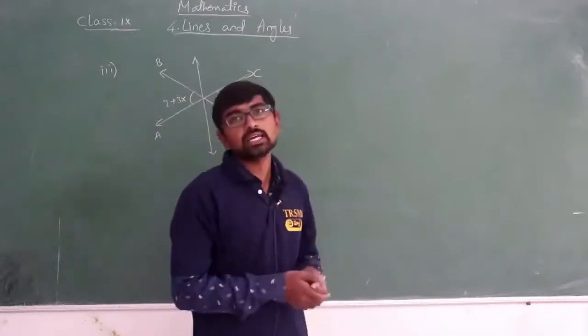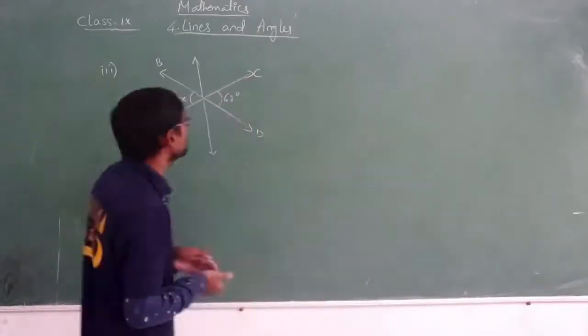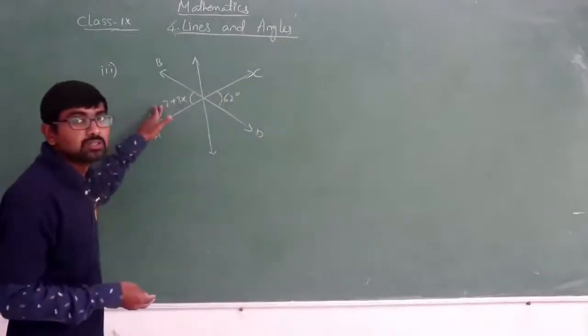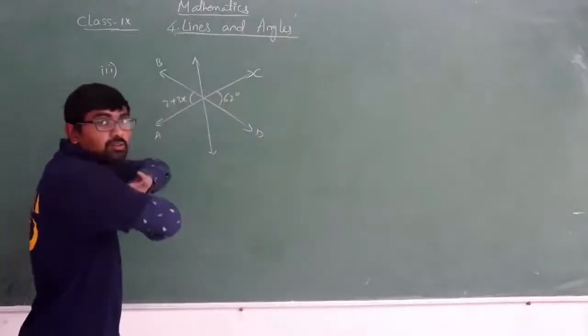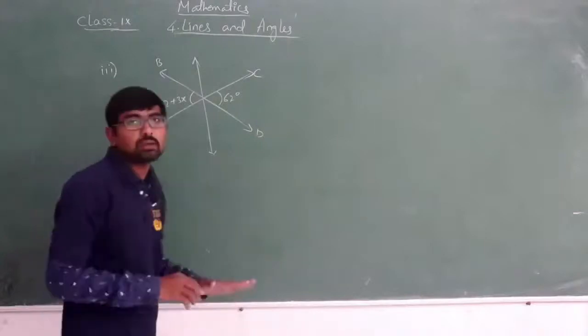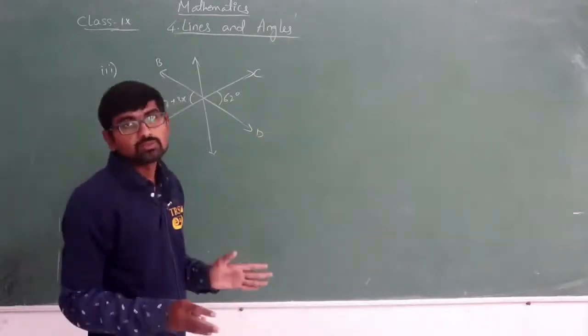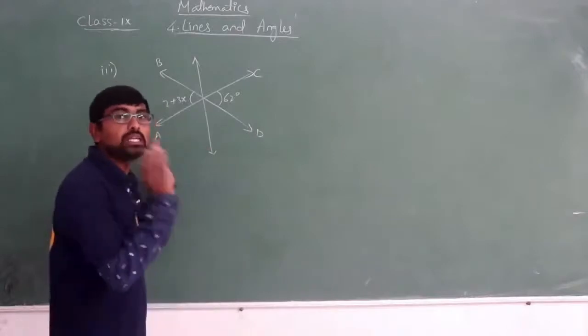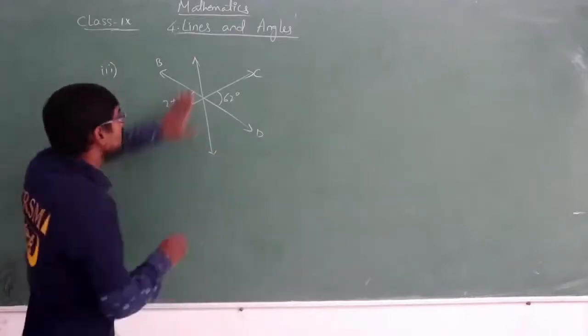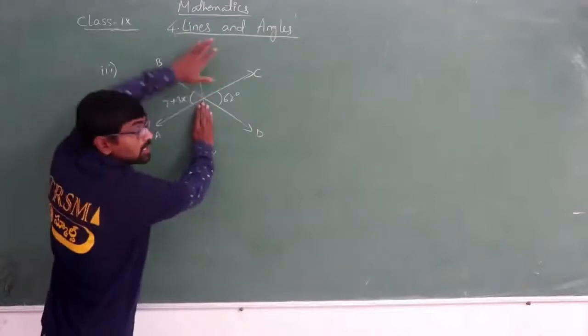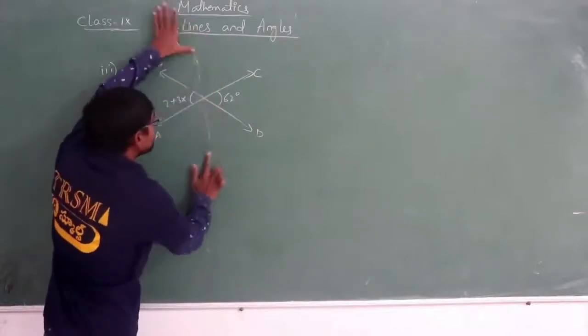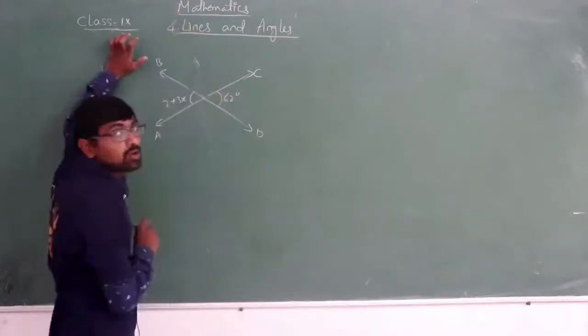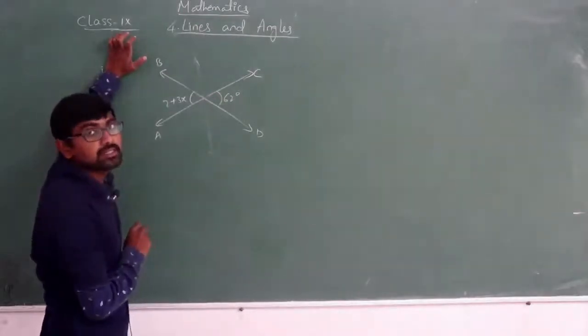Similarly here also, if you are getting the value of x by the easiest method, then don't think at all about the other things by which you could get the value of x. You have to think only about that. You can see here, if I remove this line, then it will become vertically opposite angles, isn't it?